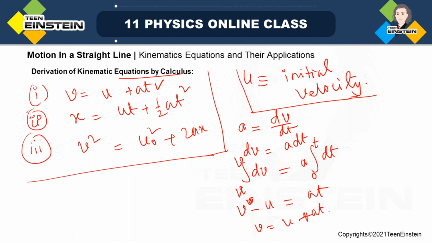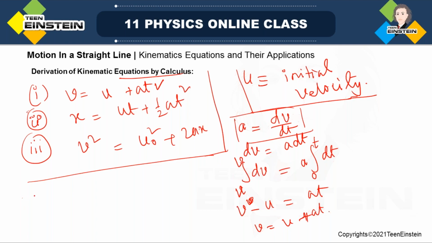So this is how, by calculus, coming from the definition of acceleration, I can come up to this expression: final velocity is equal to initial velocity plus acceleration into time interval. Okay, we have derived the first equation.